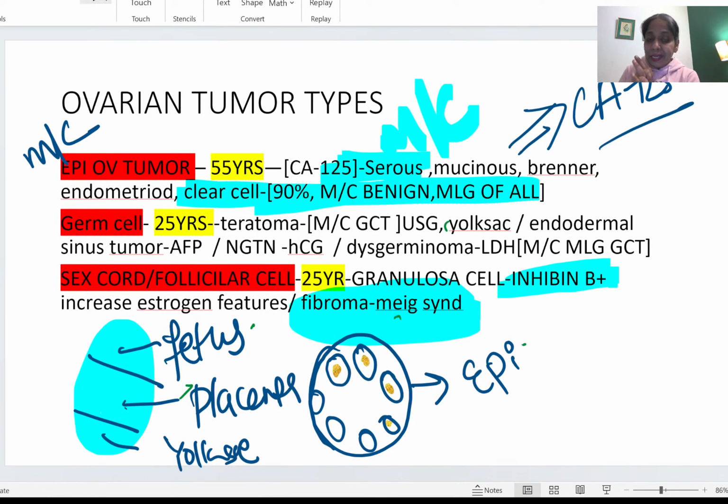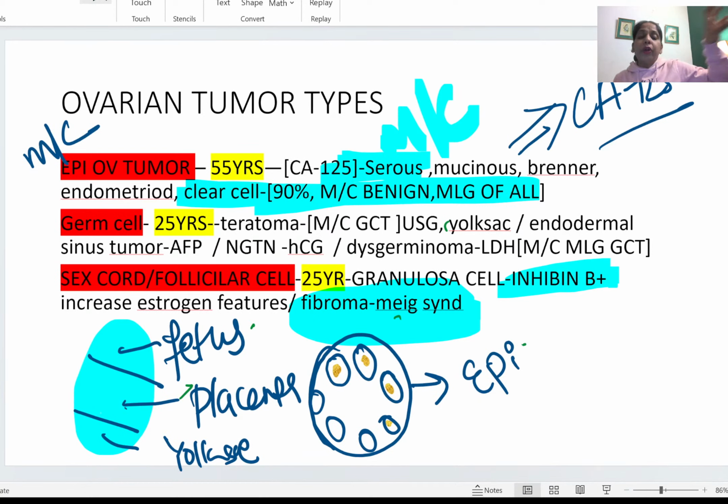Now, please listen carefully. What happens in fibroma? The fibers of the ovary become tumorous. As fiber is a protein, when more and more fibers are formed, body protein will be utilized.